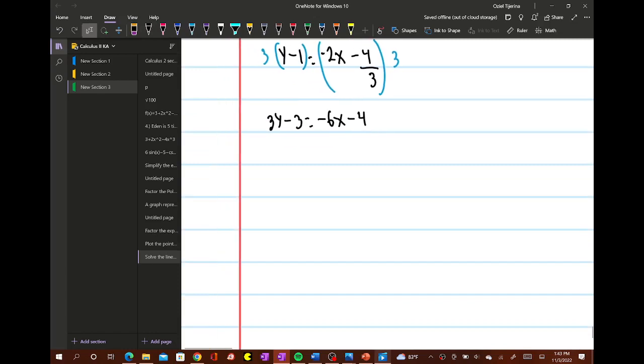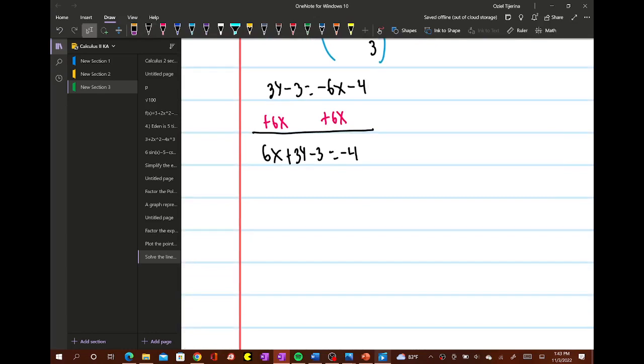And then you can add 6x to both sides, right? You get 6x plus 3y minus 3 equals -4, okay? And then you're going to add 3 to both sides.